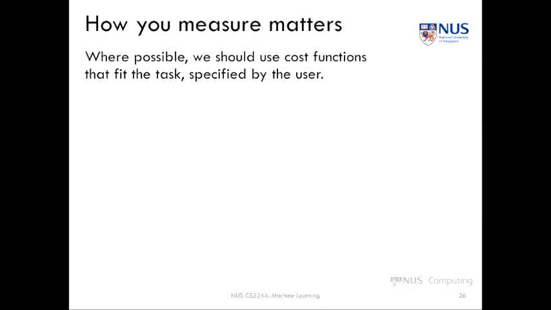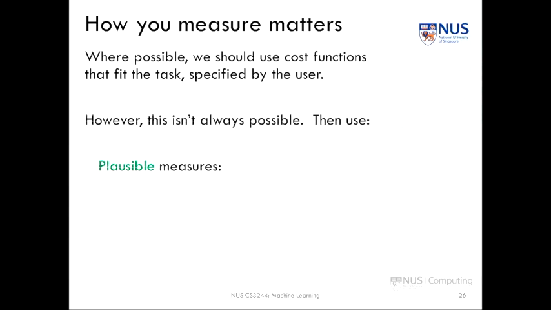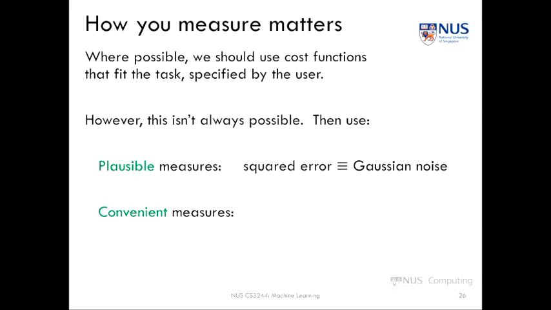So we've seen that how you measure matters. When you have a cost function, you should try to fit it to the task as specified by the user or the domain. But in some cases, that's not always possible. Then we might try to use some generic cost function that may satisfy one of two criteria: either a plausible measure, meaning something like squared error, which is the case where our observations, our x's, are affected by some type of white or Gaussian noise source, or some type of convenient measure.